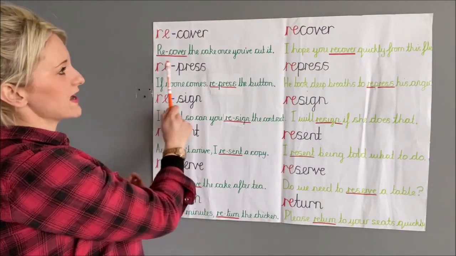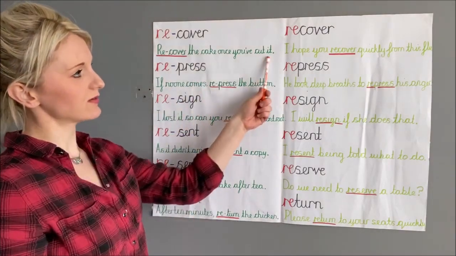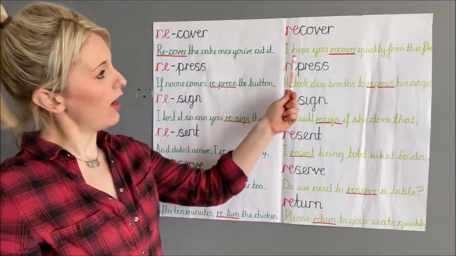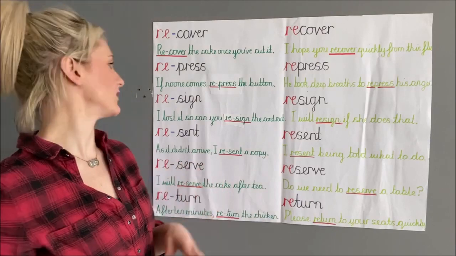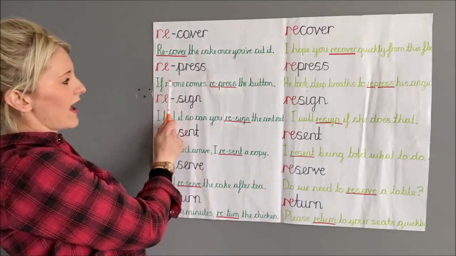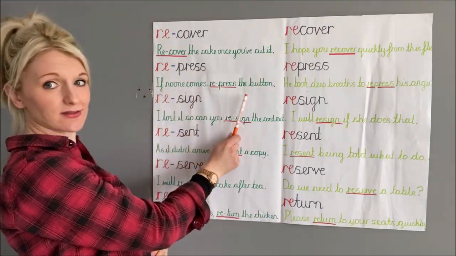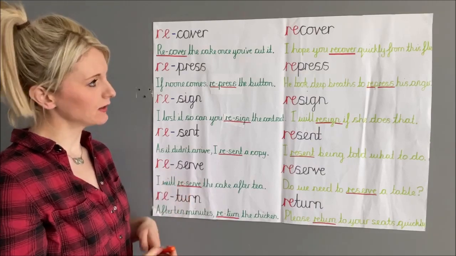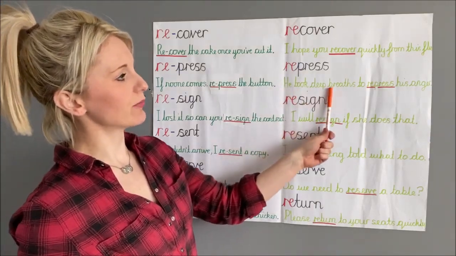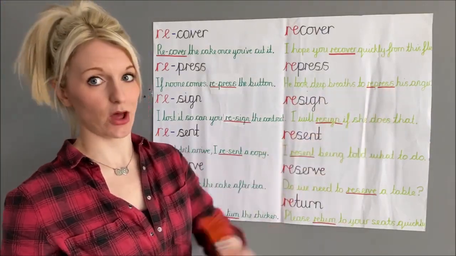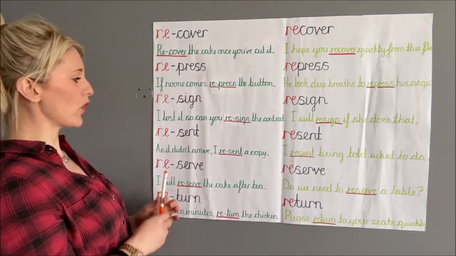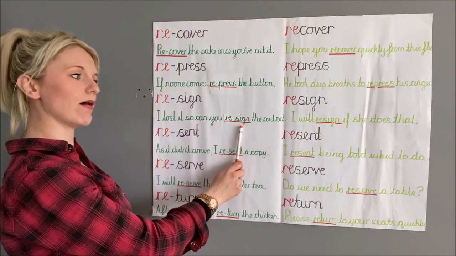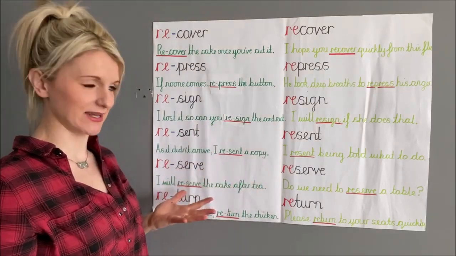So we've got re-cover the cake once you've cut it, which is different to I hope you recover quickly from this flu, as in I hope you get better. You've got re-press, if no one comes, re-press the button, so press the button again. And you've got this one, he took deep breaths to repress his anger, which means to subdue it, to push it down. You've got I lost it, so can you re-sign the contract, as in sign it again?